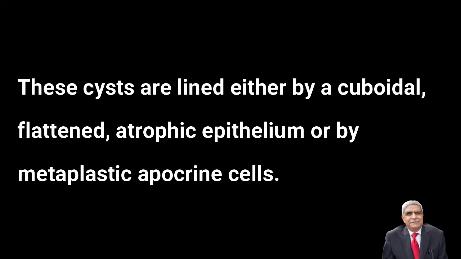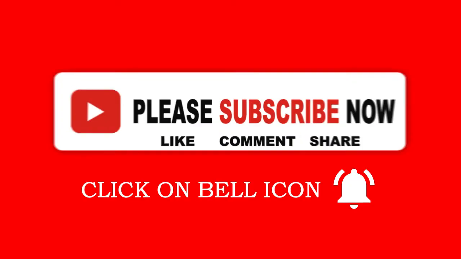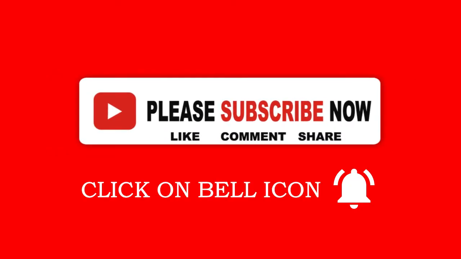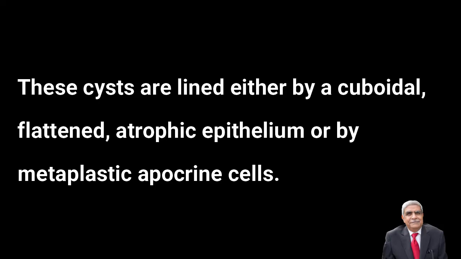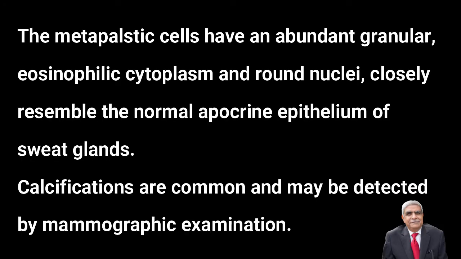These cysts are lined by either a cuboidal flattened atrophic epithelium or by apocrine metaplastic cells. The metaplastic cells have an abundant granular eosinophilic cytoplasm and round nuclei, and closely resemble the normal apocrine epithelium of sweat glands. Calcifications are common and may be detected by mammographic examination.